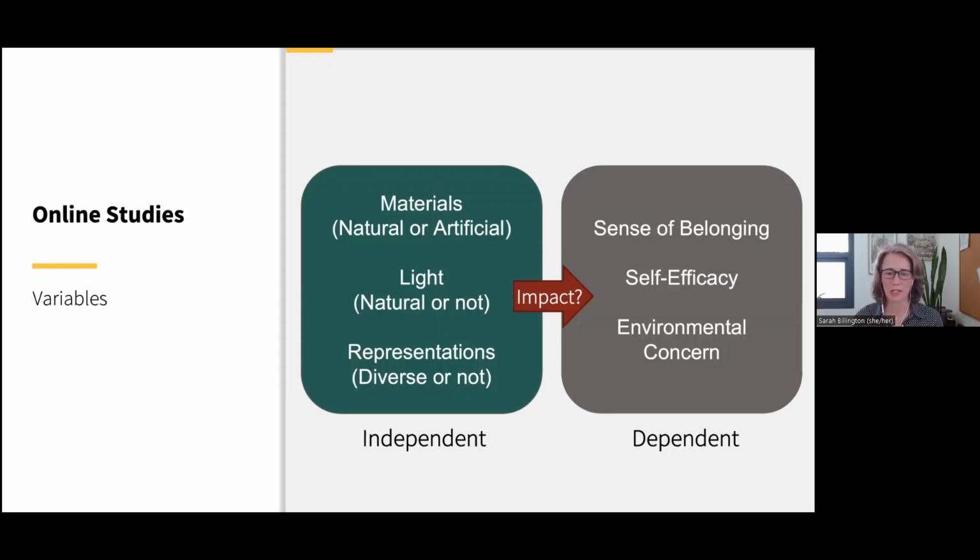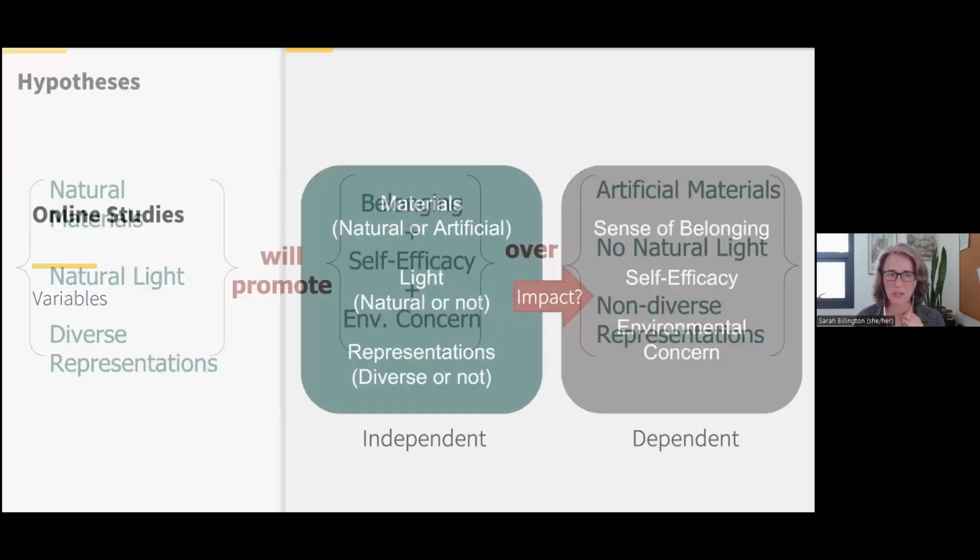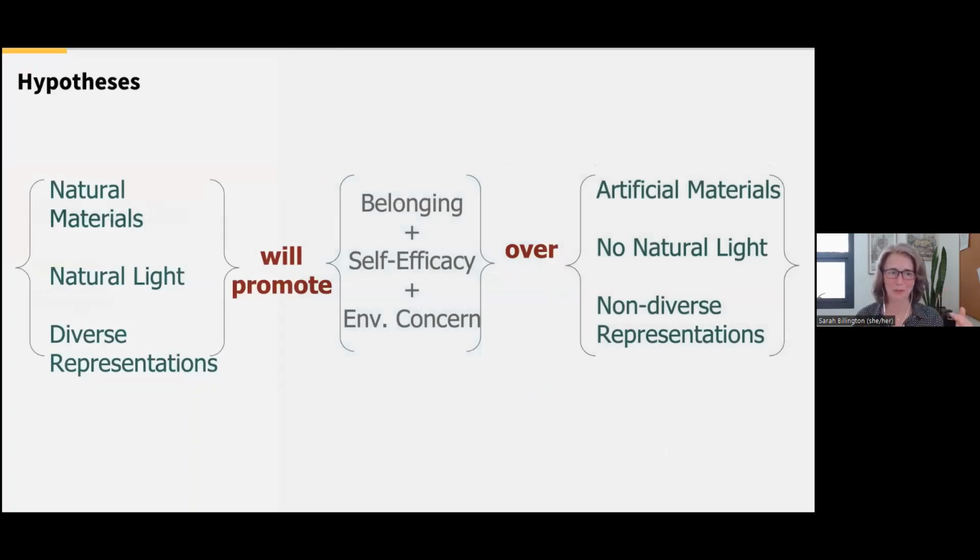And we were interested in understanding how those impact sense of belonging, self-efficacy, so your ability to be productive and do well in that space, and then environmental concern. Our hypotheses were that the natural light, the natural materials, and the diverse representations will promote belonging, self-efficacy, and environmental concern over the non-natural, the artificial, and the non-diverse.